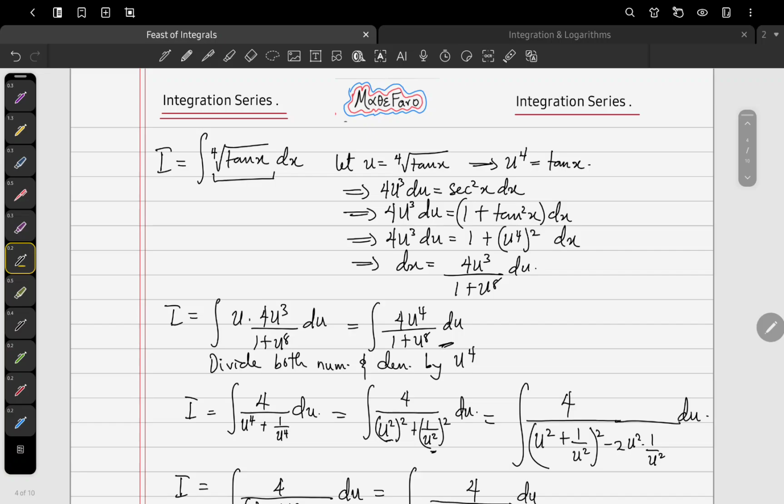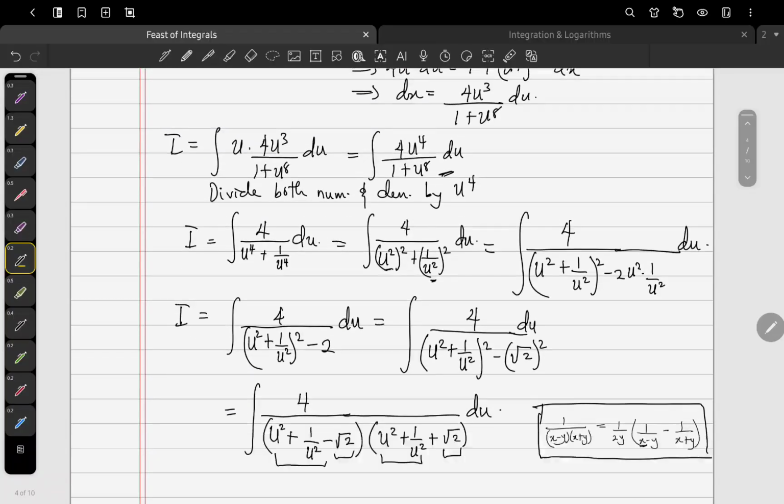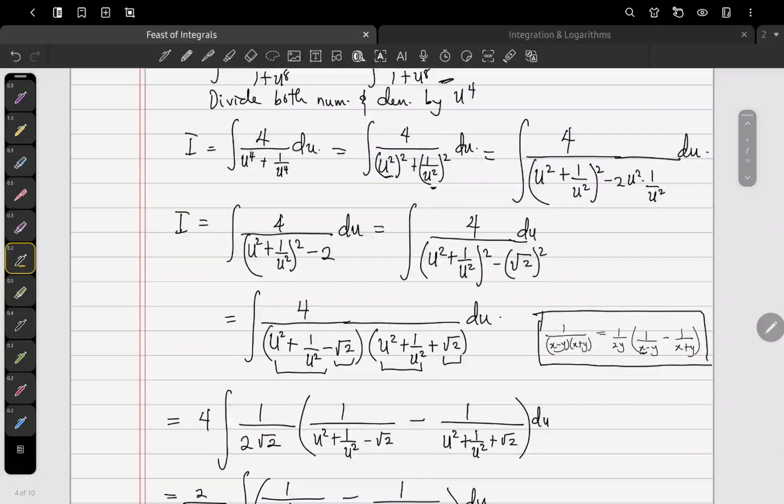We could have tried a partial fraction decomposition from here, trying to decompose 1 plus u to the power of 8 into 4 quadratic expressions. But I found out that method after a couple of days, and it will be too rough. Even this is not as rough as that will be.